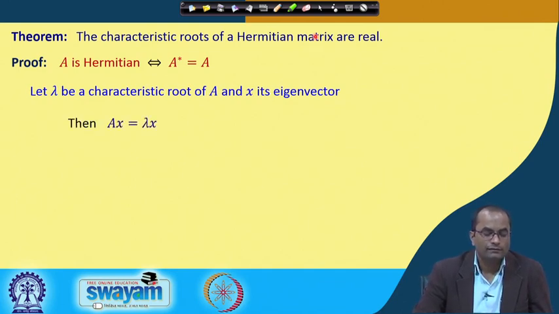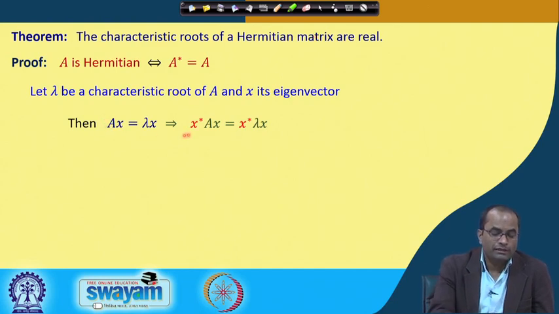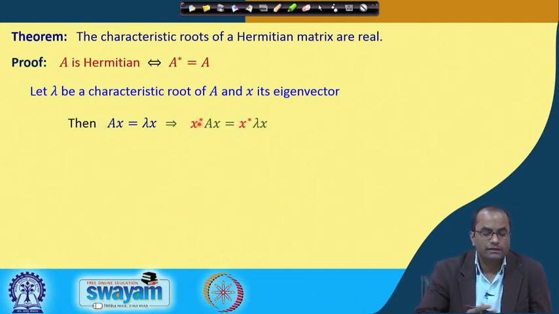How? We have A x is equal to lambda x, that is the relation between the eigenvalue and eigenvector. We multiply by x star on both sides. What is x star? Again the transpose of x and its complex conjugate.